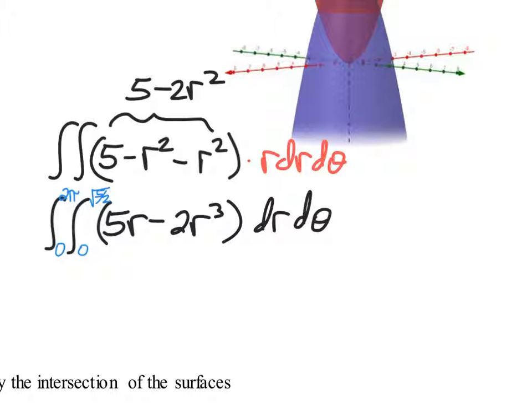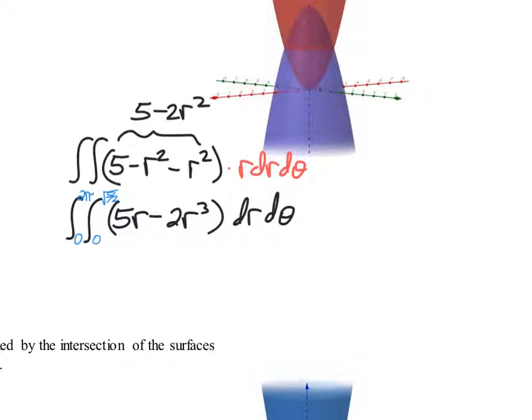The antiderivative is not crazy because we're looking at something that is exclusively in terms of r. It's all power rule. So 5 halves r squared minus 1/2 r to the 4th on the interval of 0 to root 5 over 2. So that's the one step you have to do out in order to take advantage of your calculator in the next step.